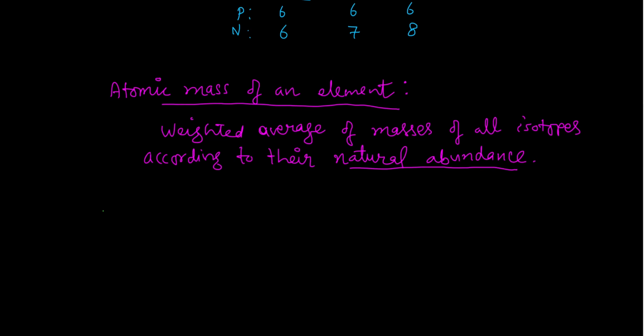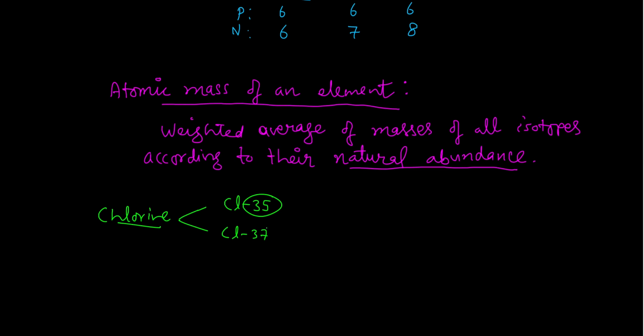Suppose we take the example of chlorine, and suppose I say chlorine has two isotopes. Actually these two are major isotopes of chlorine. One is chlorine 35, another is chlorine 37. Atomic number of chlorine is 17. For simplicity, we are taking these masses as whole numbers, but it's not necessary.